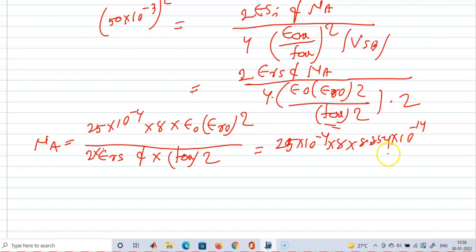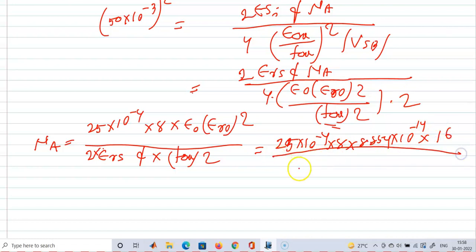Then epsilon r oxide squared, which is equal to how much? The relative permittivity of the oxide is given as 4, so 4 squared is 16.